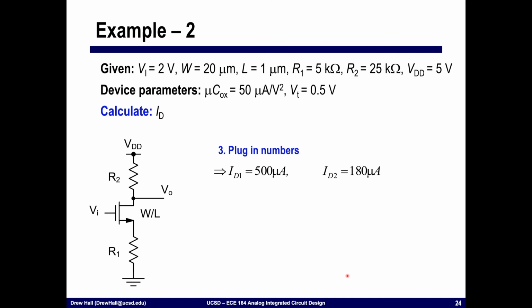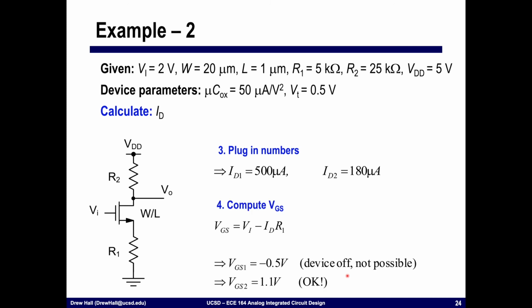Now this circuit can't actually have two operating points. One of these has to be incorrect, and so it's up to us to figure out which of the two currents is incorrect. If I compute VGS, where VGS is equal to VI minus ID times R1, for these two different currents, I would get that VGS is either minus 0.5 volts or 1.1 volts.